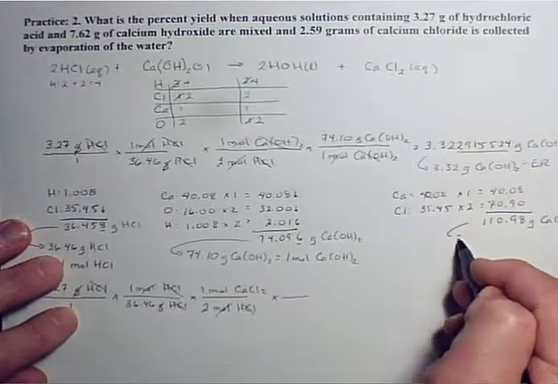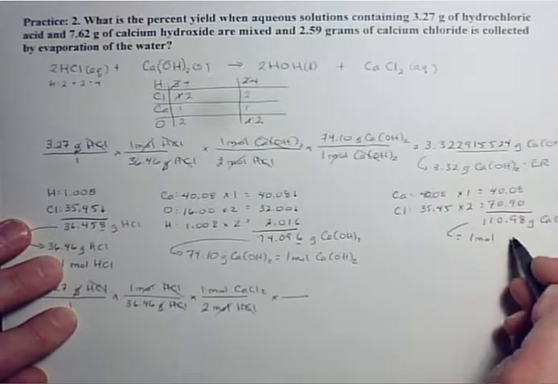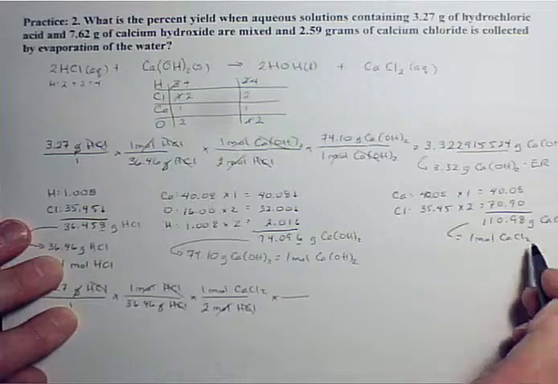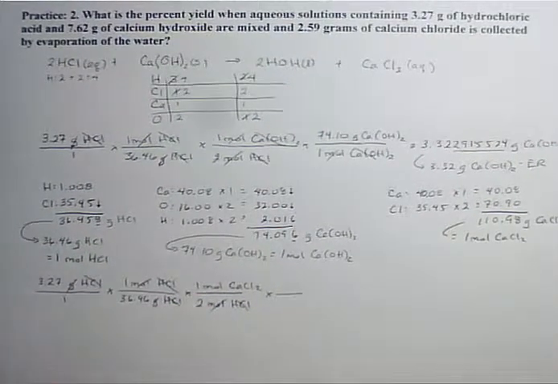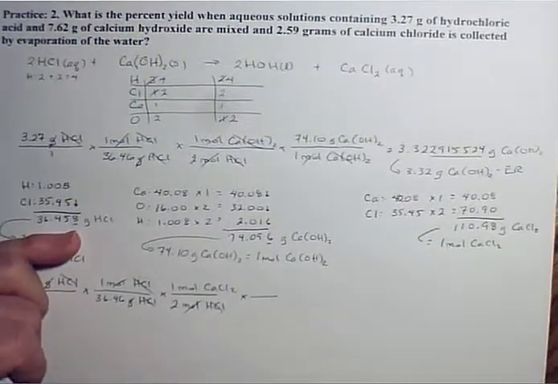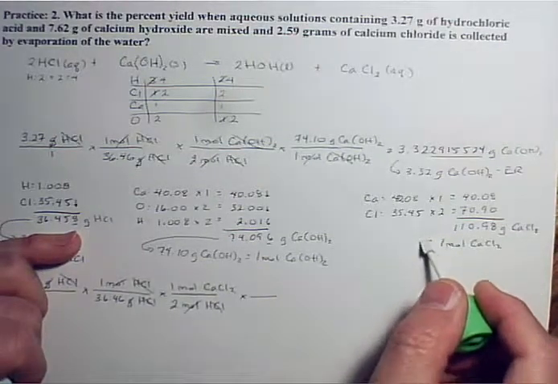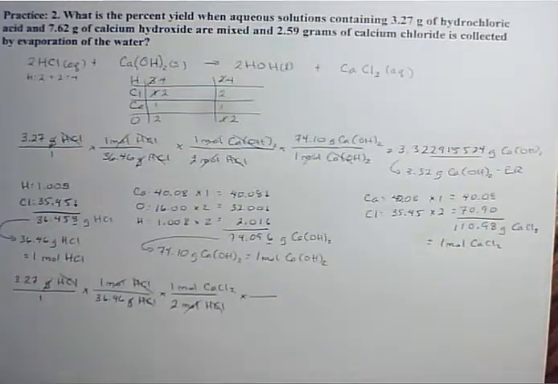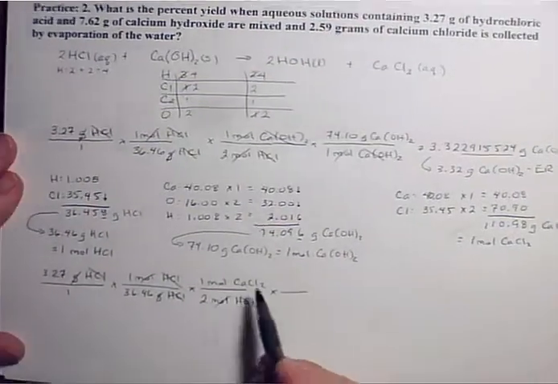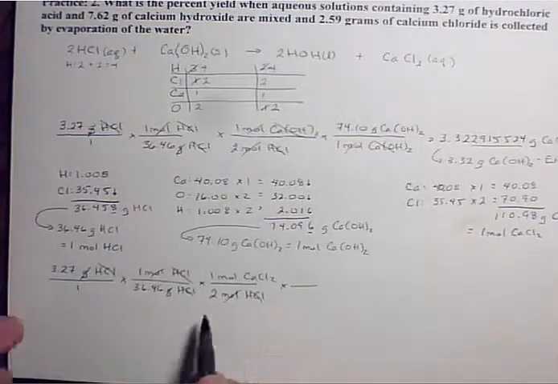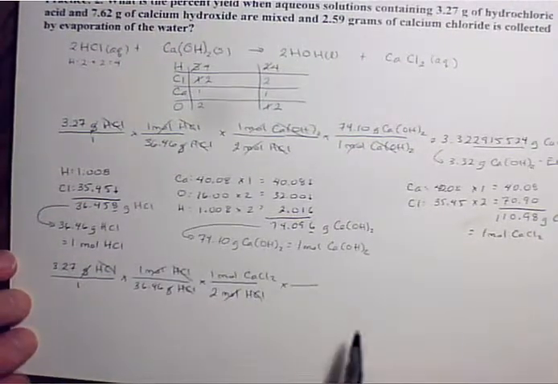And so that is equal to 1 mole of calcium chloride. So used to doing arrows, but we don't need an arrow, so let's get rid of that. We don't really need that line right there. Now we have an equality statement suitable for doing the last conversion in this stoichiometry problem.